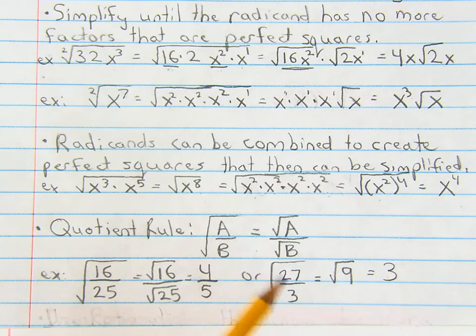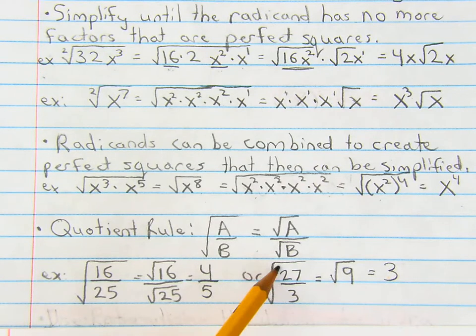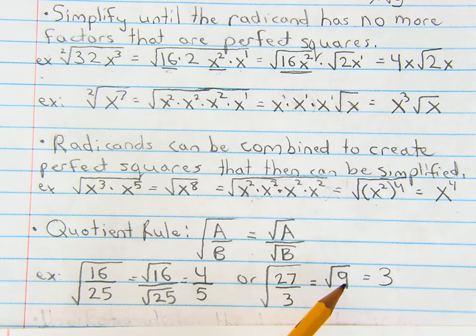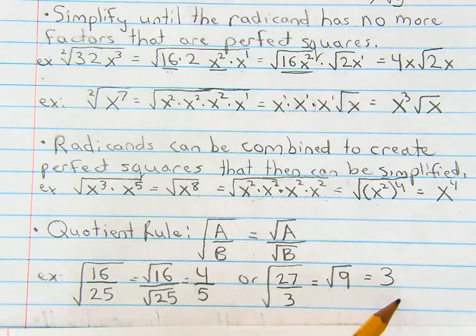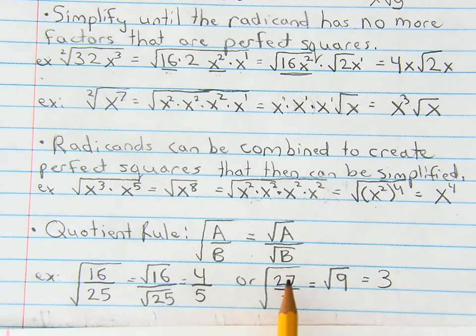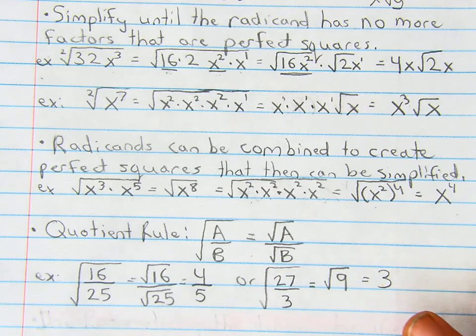Or, since 3 is not a perfect square, sometimes you can actually divide first. 27 divided by 3, which is 9, and that is a perfect square, and divide. So if you can, divide ahead of time or take the square root ahead of time, and if not, then see if you can actually divide and see if that answer or its factors then have perfect square in them. All right, I hope these helped.